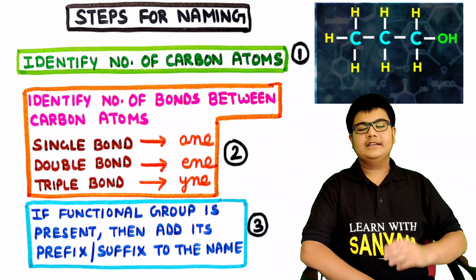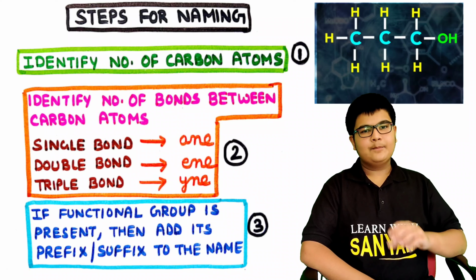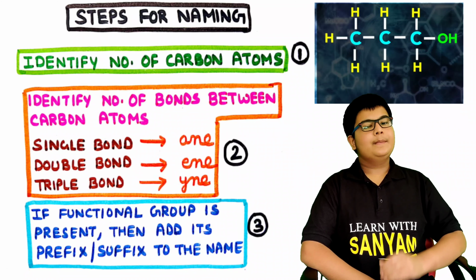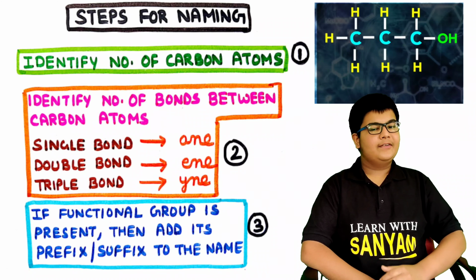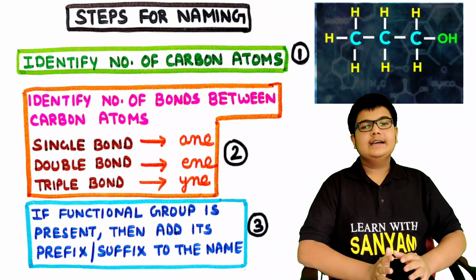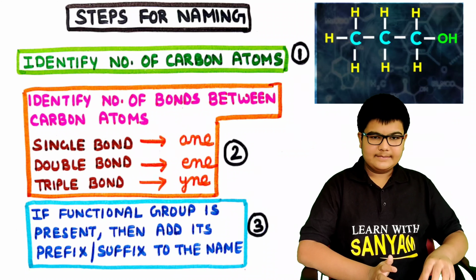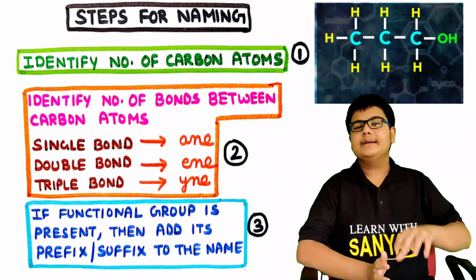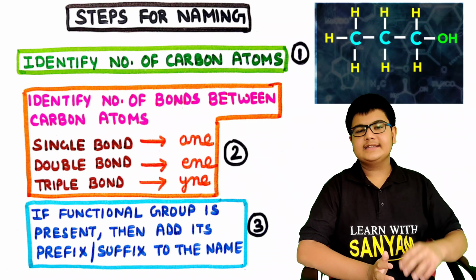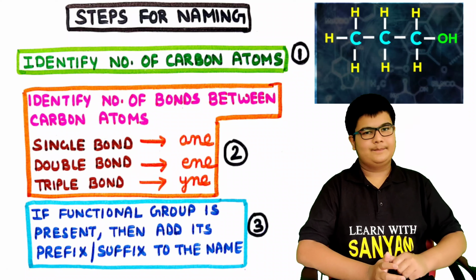Now the third step is important and is new. If a functional group is present, then add its prefix or suffix to the name. So basically, after we have identified the carbon atoms and the number of bonds, the third thing we have to find is whether there is any functional group present in the compound.